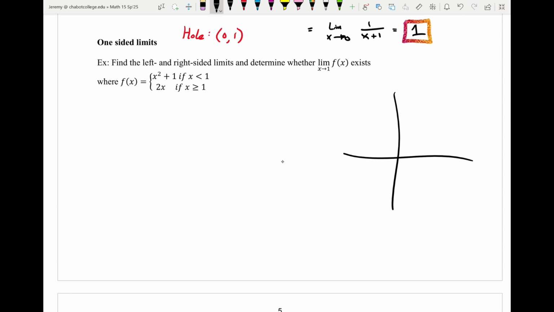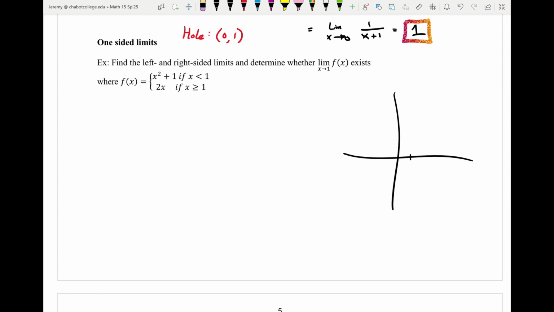The really important thing to acknowledge here is that this is a piecewise defined function, and the transition from this quadratic function to this linear function occurs at x equals 1. All right, so at x equals 1, there's going to be the switch from the quadratic function to the linear function. And we are looking at the limit as x approaches 1 in this case. So that just kind of implies this is not going to be a boring example.